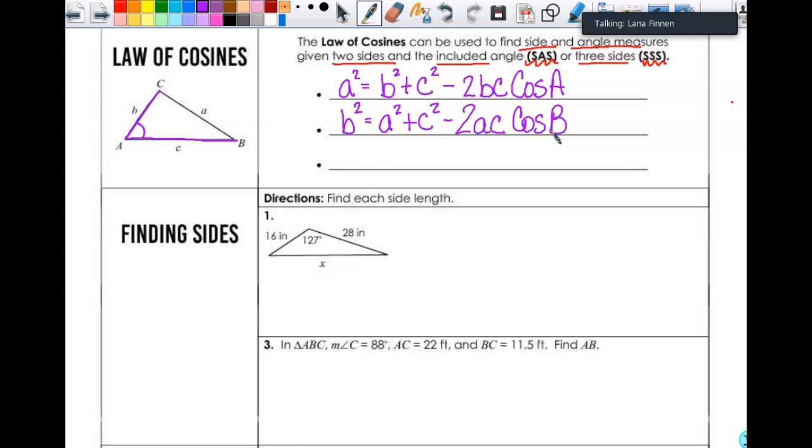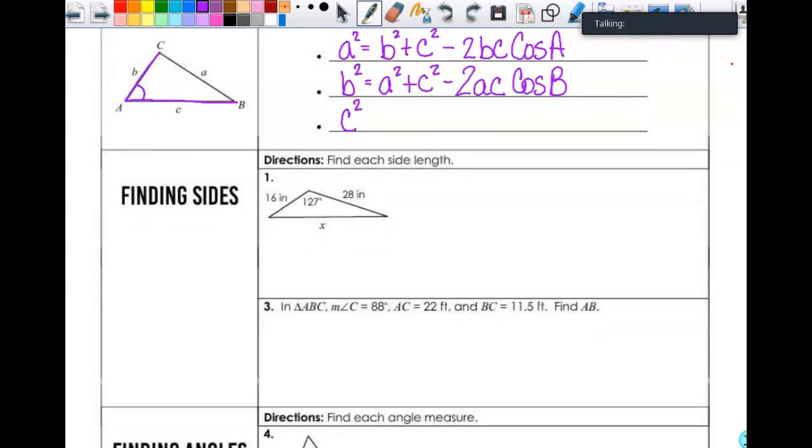So then I want you to write the c squared version on your own. So do we all agree with that? Easy enough? Okay, good deal.